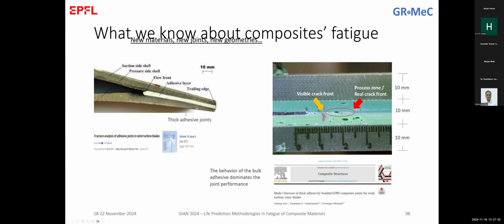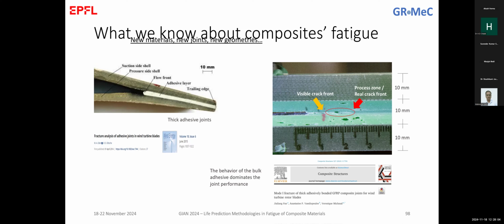That was not the case when we were investigating metals, for example, with very little joining techniques, so with bolts, for example, or when we were investigating typical aerospace joints that assume that there is only a very thin adhesive layer or a very thin film adhesive connecting two components.